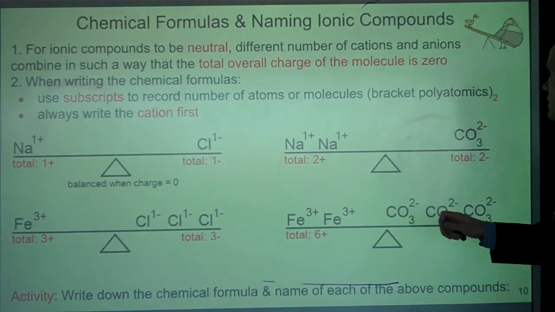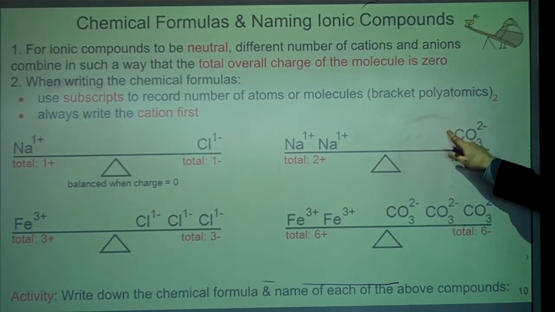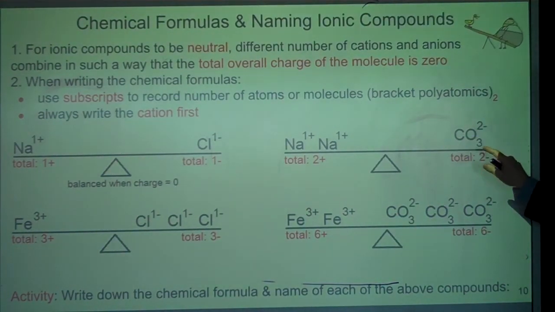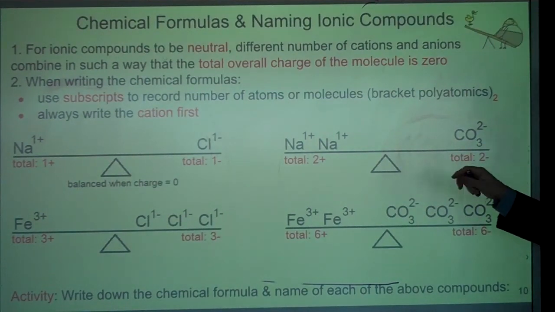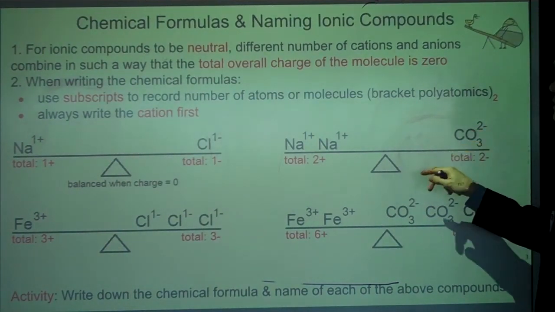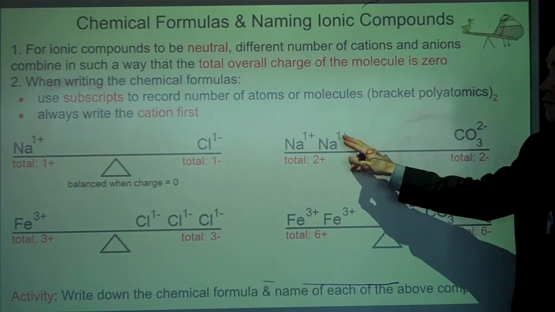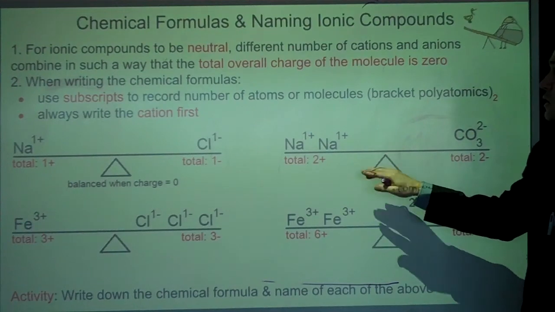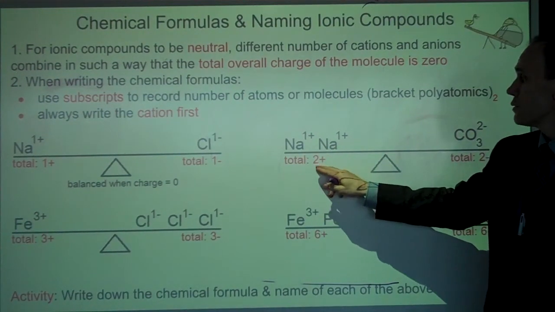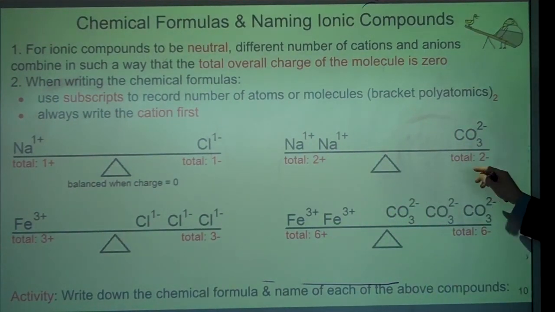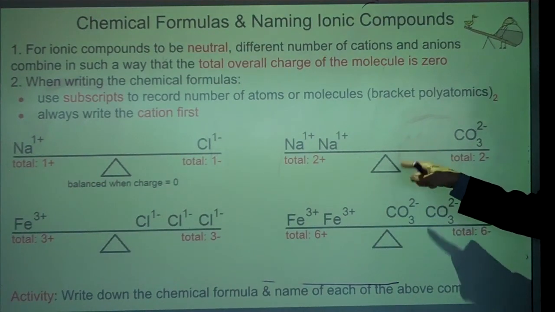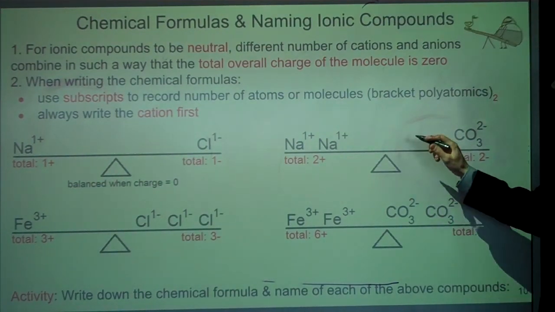This one over here gets a little more complicated. This is a polyatomic carbonate. You should be able to find the name on the valency table. It has a 2 minus charge, so in order for sodium to neutralise that, for it to balance out in terms of charge, you would need 2 sodium for a 2 plus, 1 carbonate for a 2 minus, so you get Na2CO3.